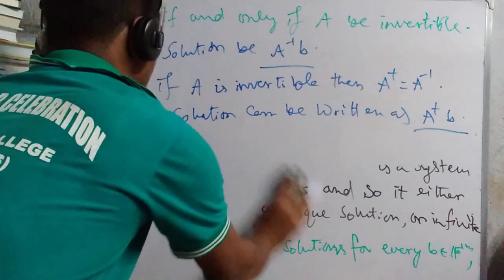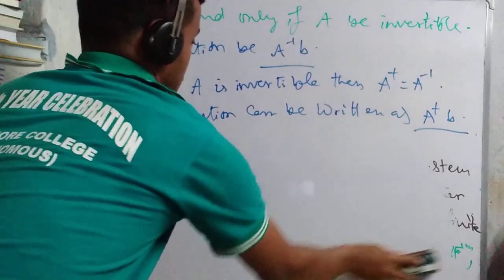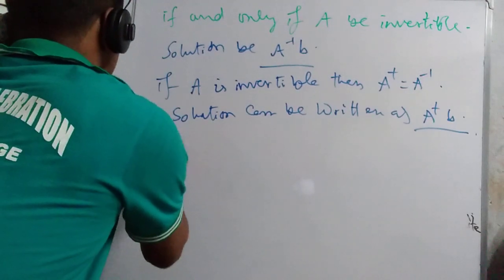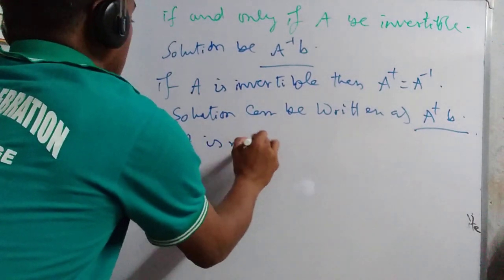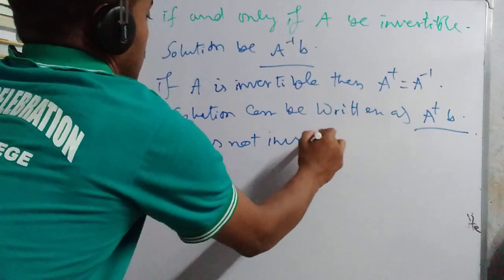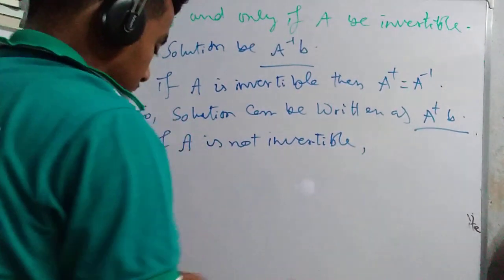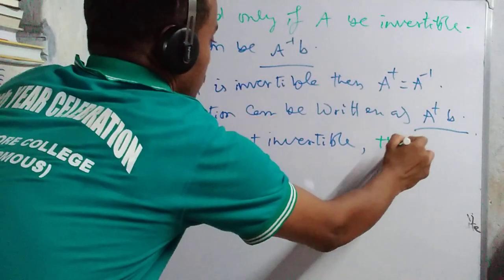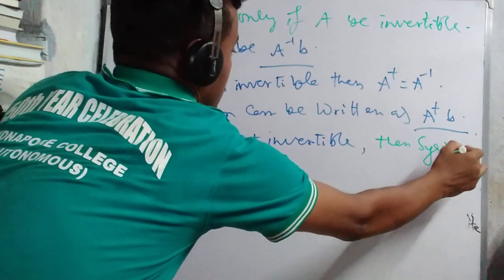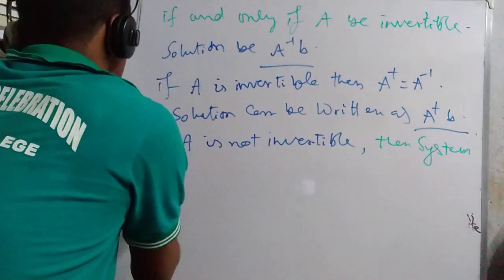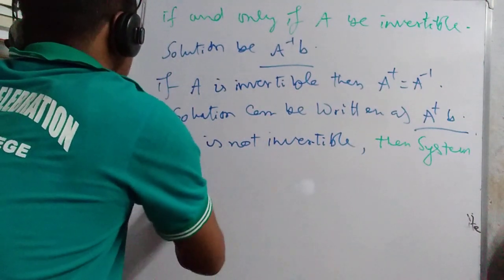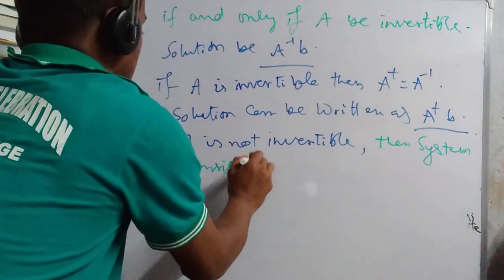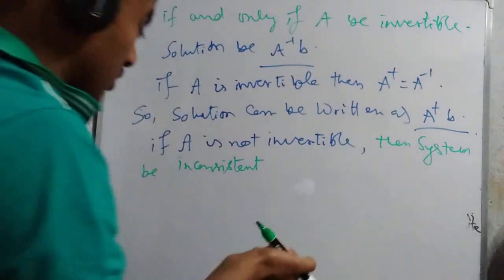If A is not invertible, then the system is inconsistent.